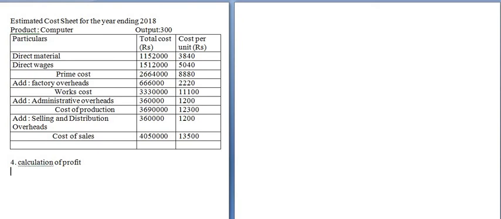Okay, so what they have told, 10% on sales. Now what we will do, we will assume sales as 100 and profit is 10. Okay, so cost of sales will be 90. Understanding? Hope everybody is understanding this.